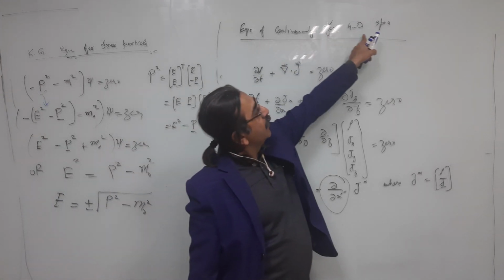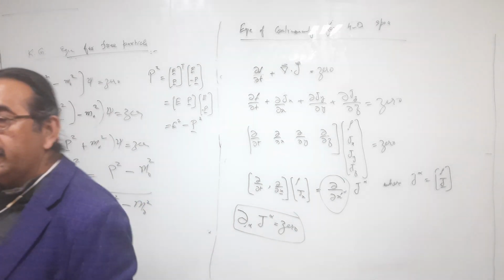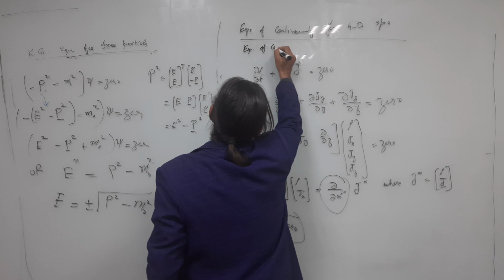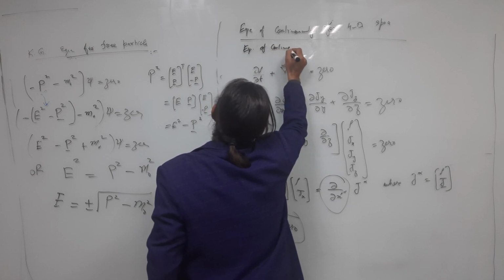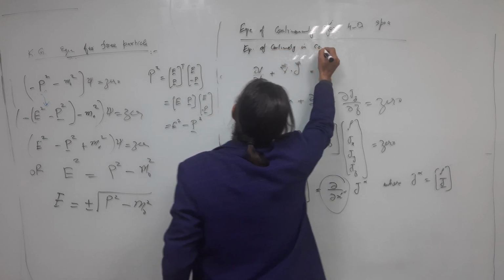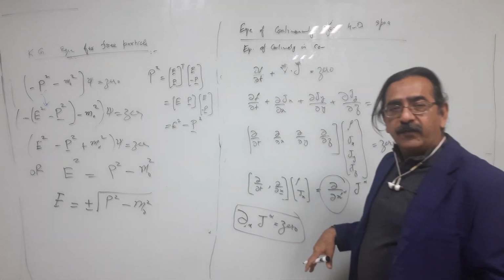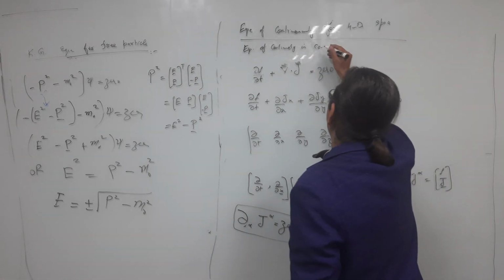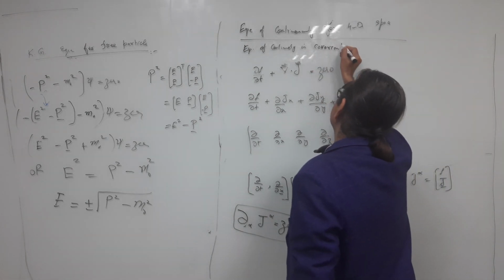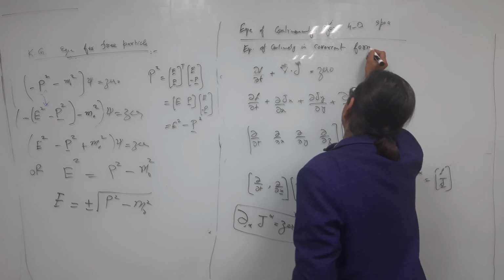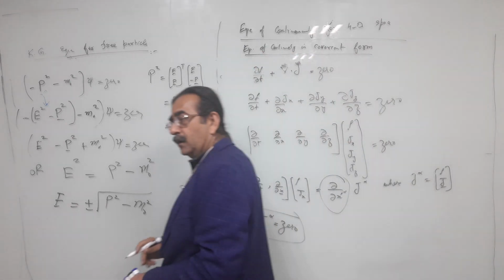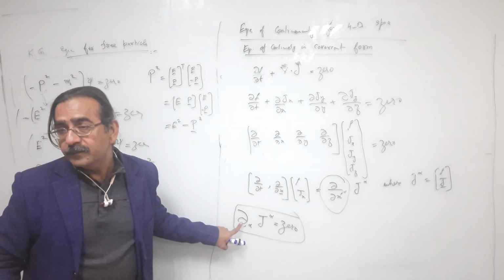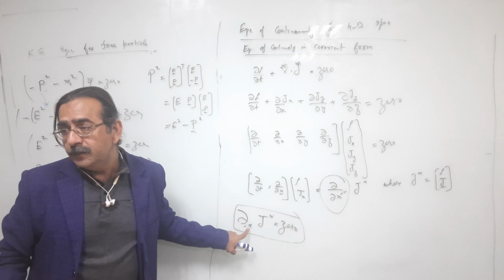Equation of continuity for 4 dimensions. You may also say equation of continuity in covariant form. It's also called the 4-dimensional form, also defined as a covariant form. So this is the expression for the equation of continuity in covariant form. Got it?